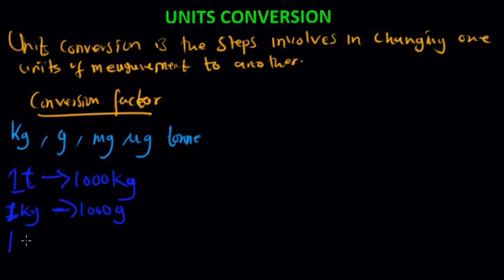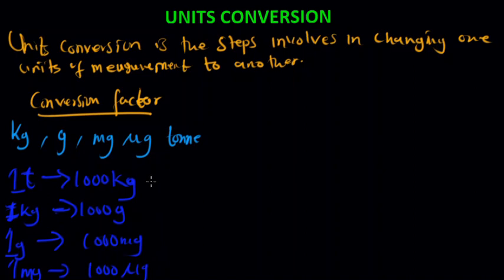Then 1 gram is equivalent to 1000 milligram. Then lastly we have 1 milligram equivalent to 1000 microgram.